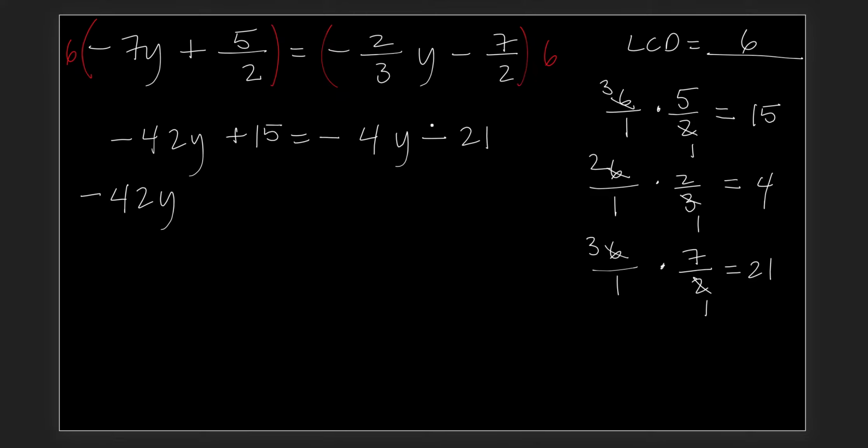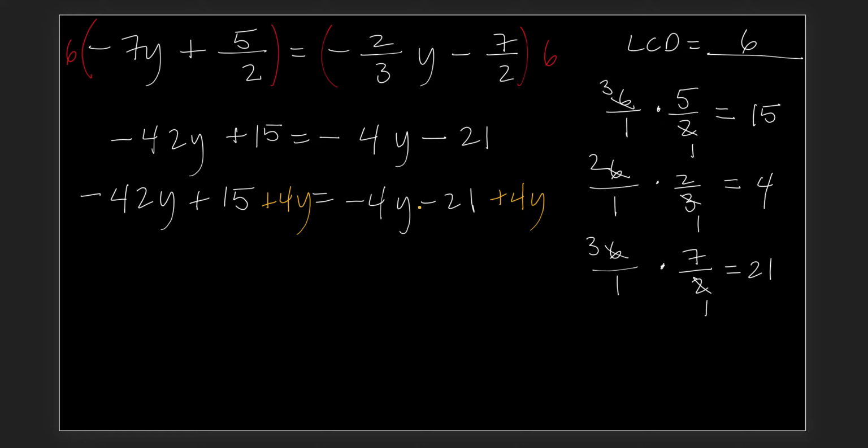I'm going to choose to move 4y, negative 4y, over to this side. So I can just do it this way. And so I'm going to add 4y to both sides. You can write that in wherever, but I wouldn't write it in under. Don't ever do that under, because it looks like division.